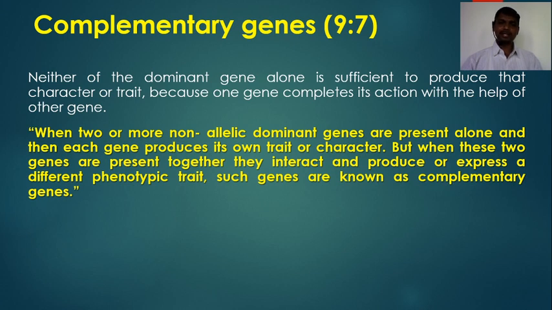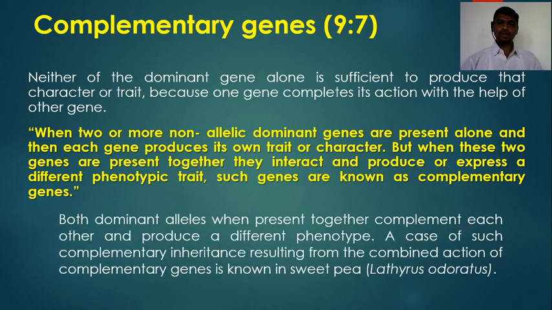If they are present alone, then each gene produces its own effect or character. But for an entirely new phenotype, these two genes must be present together; they interact, complement each other and produce or express a different, entirely new phenotypic trait. Such genes are known as complementary genes.